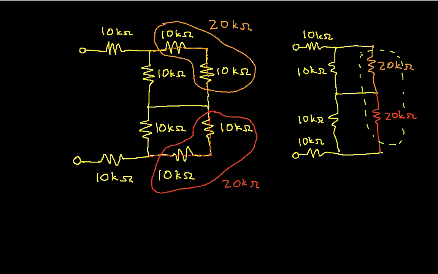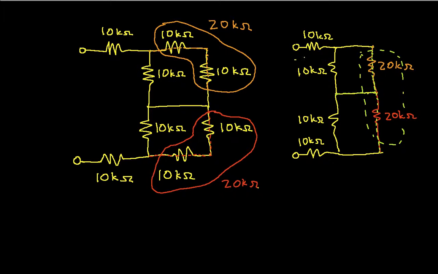But it turns out that they are not in series, because the current that goes through the top 20k resistor can conceivably go through this wire to somewhere else. It's not all going to have to go through this 20k ohm resistor. So these two are not in series, even though visually they look like they might be.